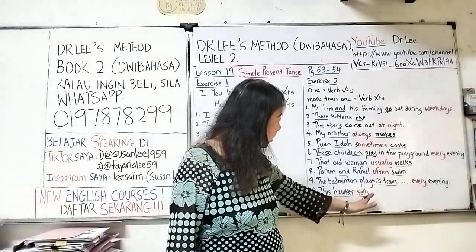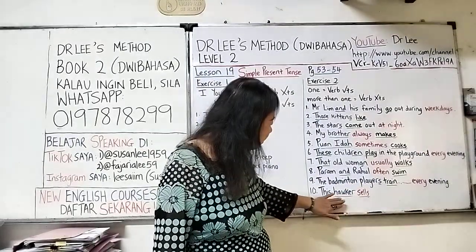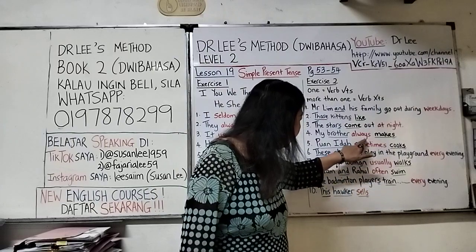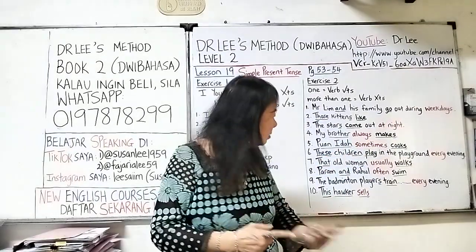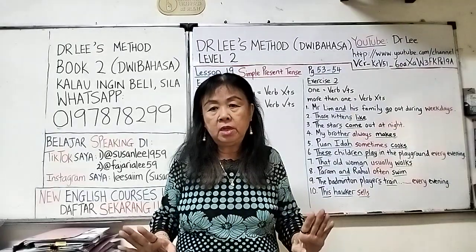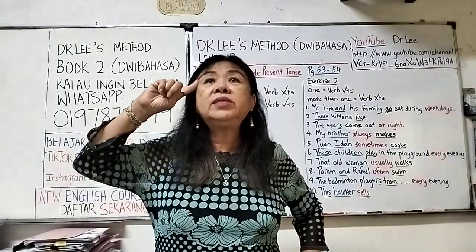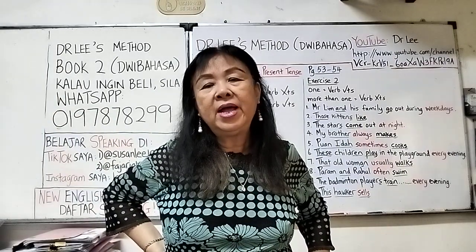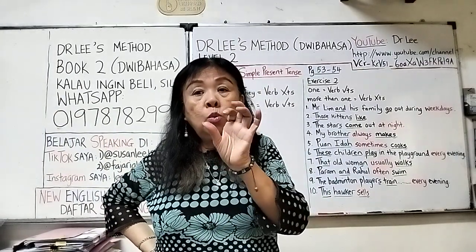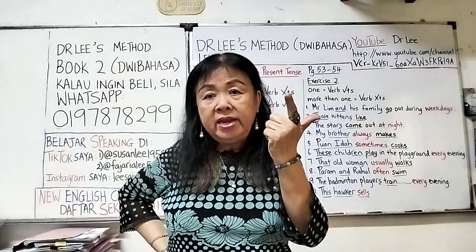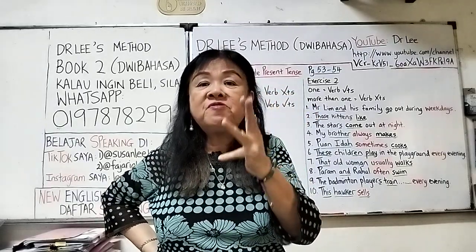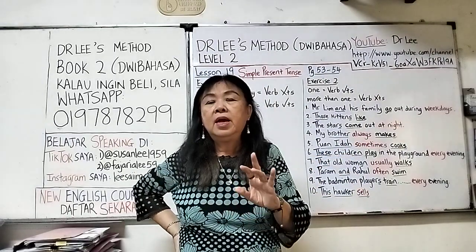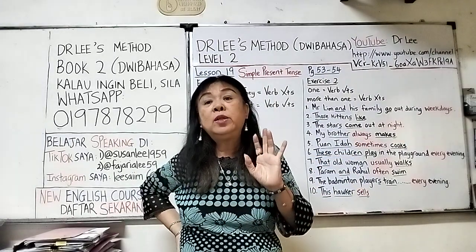So you can see that the verb is affected by the noun. The verb is not affected by the adverb. Always, sometimes, usually, all these are adverbs. So don't see always, oh, there's an S, so my answer no S. You are wrong. Unless the person, animal, thing or place in front of always and sometimes are more than 1.